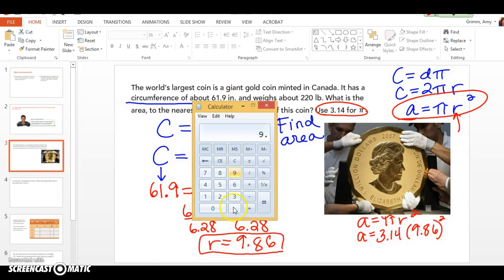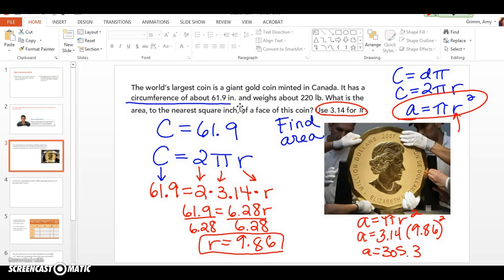So I'm actually going to put 305 would be the nearest square inch, and that would be the area of my coin.